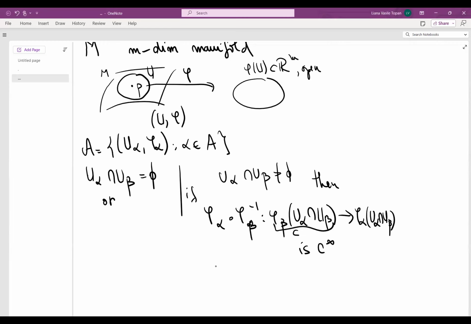Remember please that this is an open subset of R^n, and this is also an open subset of R^n.